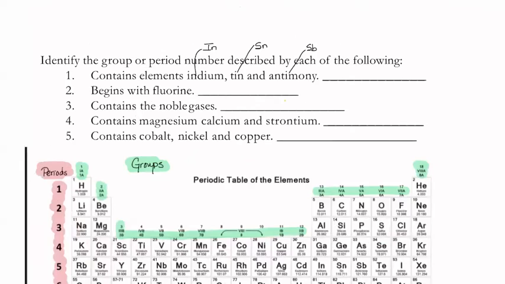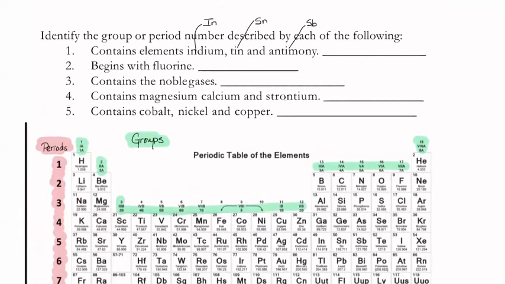If you look at the periodic table, we can see that they live right here. So we're talking about a row. What is the row that includes all of them? Great, I like to see that. The period that describes all of them together, excellent job, is period 5.